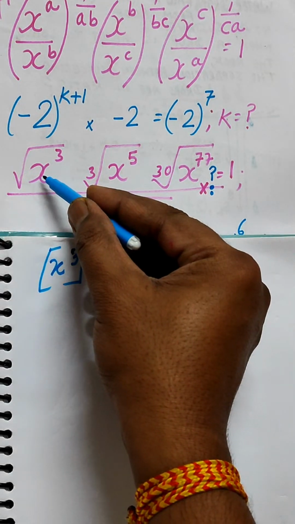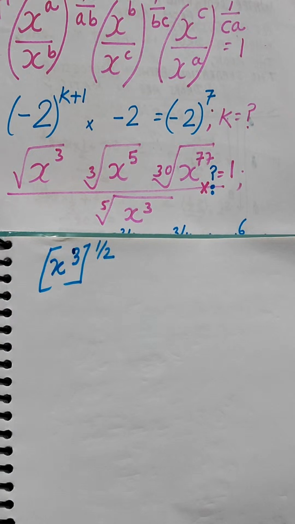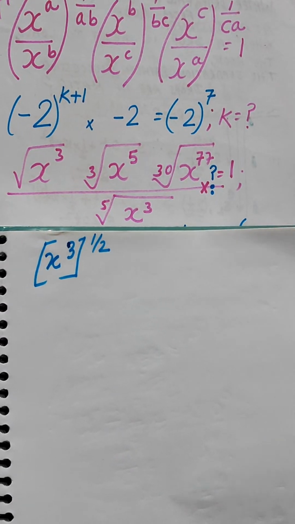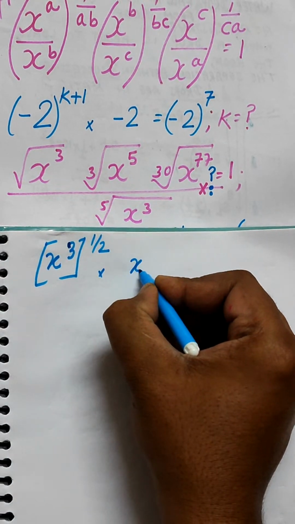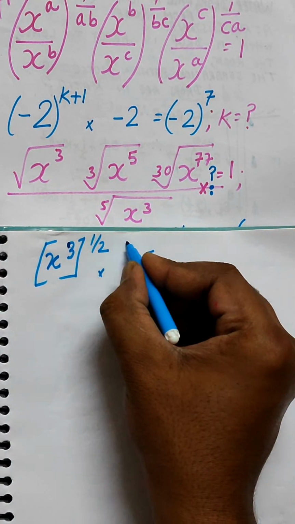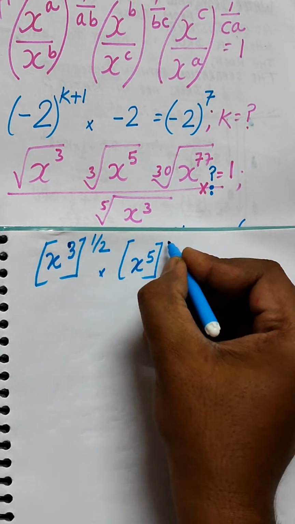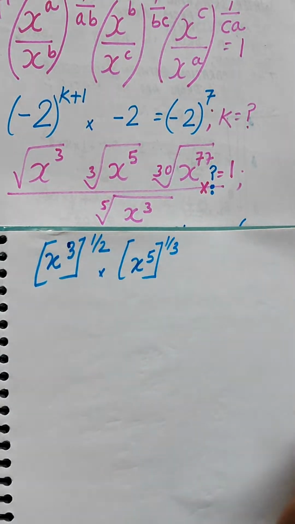For this question I am solving, the second term can be written as x power 5, and in the exponent it will be 1 by 3.